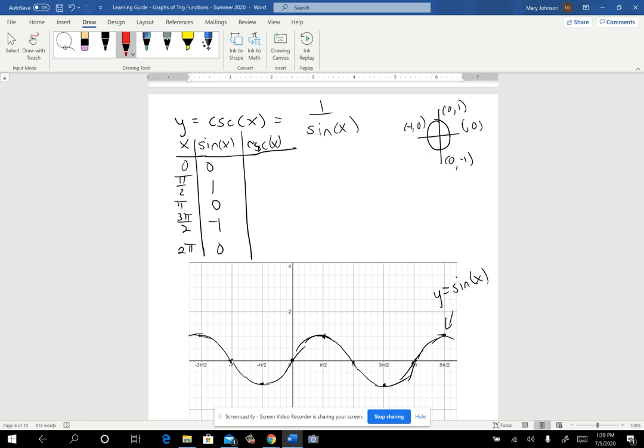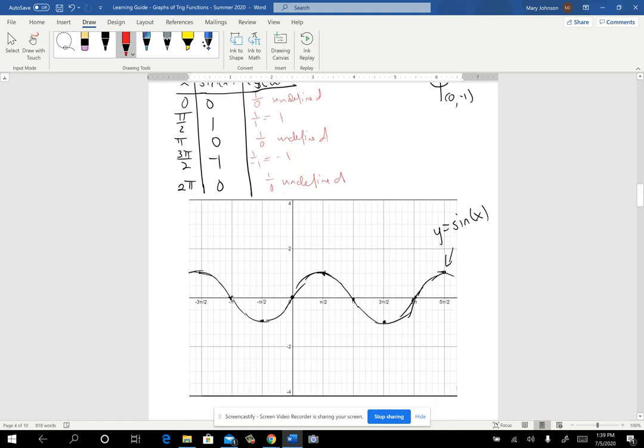Here's what you do to get the cosecant values. You can do 1 over your sine values. So see how we're going to have all these spots that are undefined because you can't divide by 0. These spots where your sine function equals 0, when you do 1 over that, it's undefined.